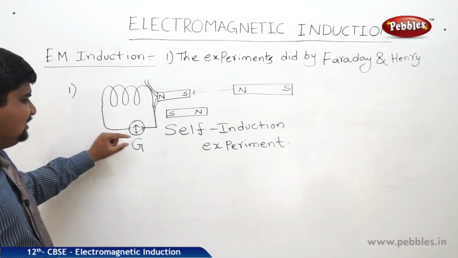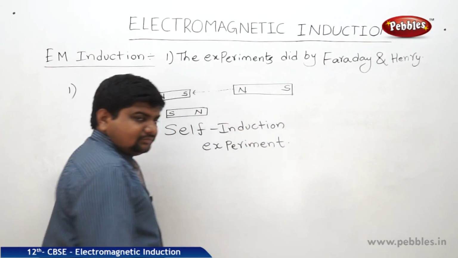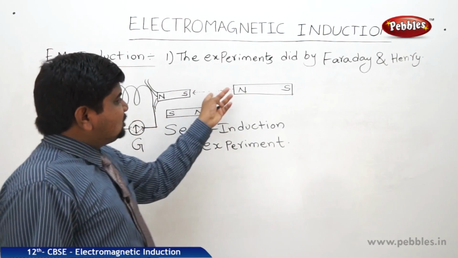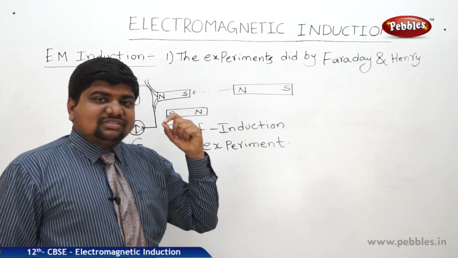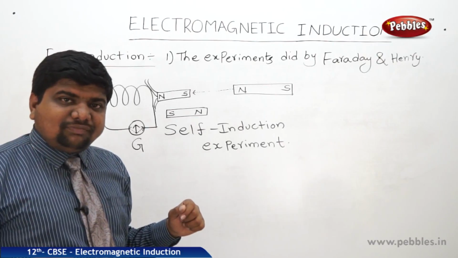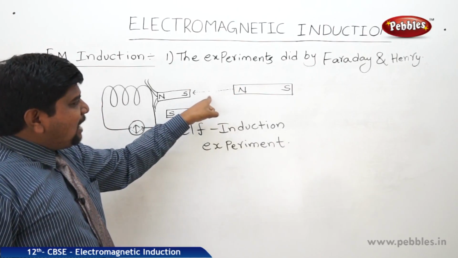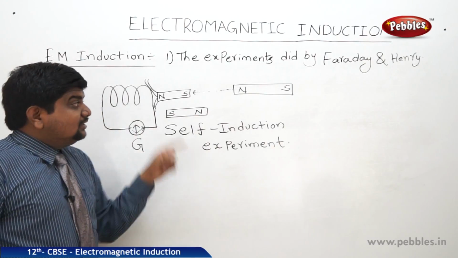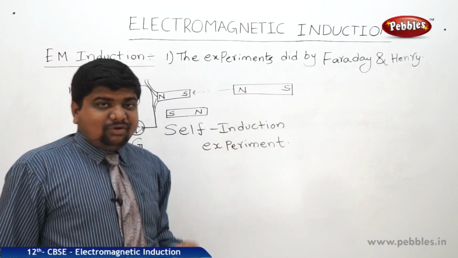Now, what is the reason for the deflection of the galvanometer needle? Around the magnet we can expect a magnetic field, a space around the magnet where another magnet can experience a magnetic force of attraction or repulsion. The magnetic field is made of magnetic field lines, and the magnet ejects field lines towards the coil.